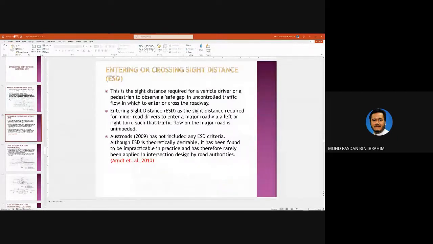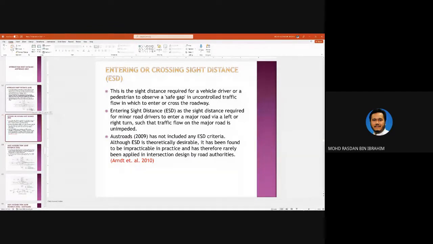So ESD is the entering sight distance required for the driver to observe a safe gap in an uncontrolled traffic flow. Okay. ESD is the sight distance required for minor road drivers to enter the major road via left or right turn, such that the traffic flow of the major road is unimpeded.